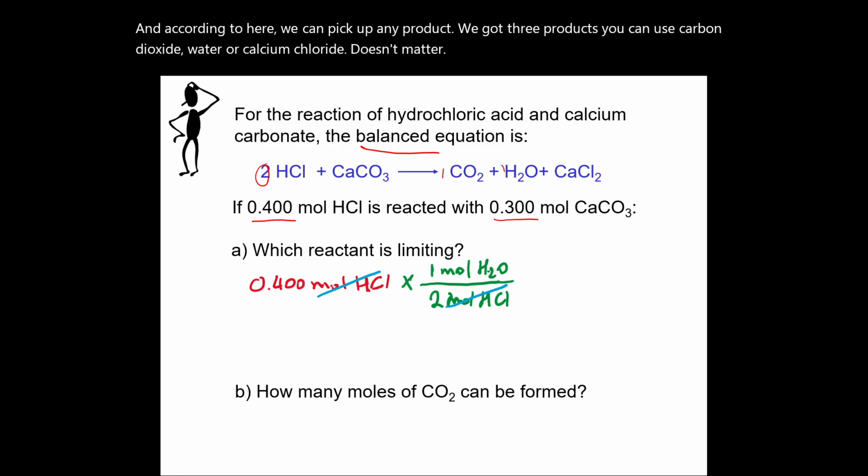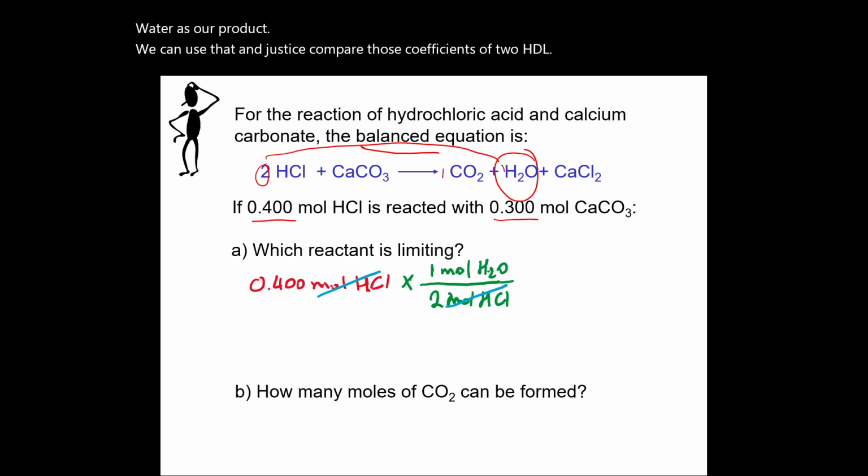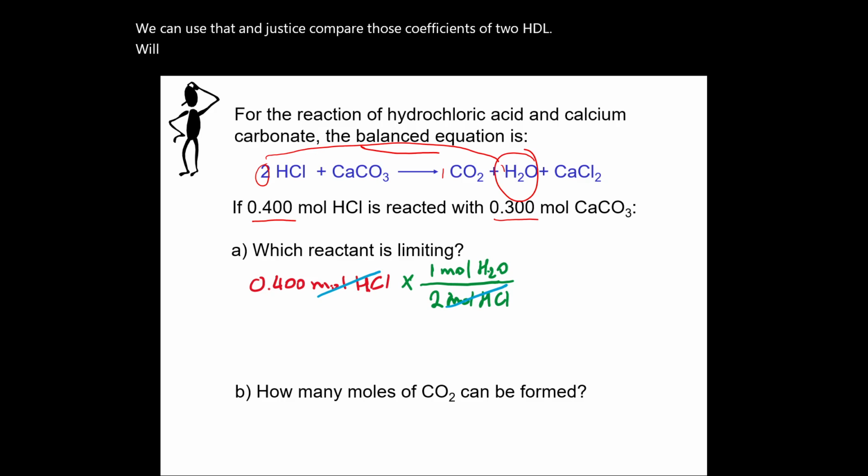So if we pick water as our product, we can use that and just compare those coefficients. So 2 HCl will generate 1 mole water, and so you come up with 0.200 moles of water.